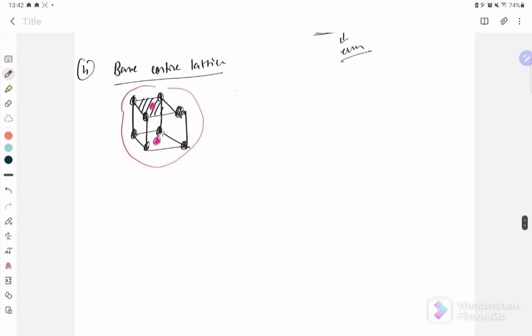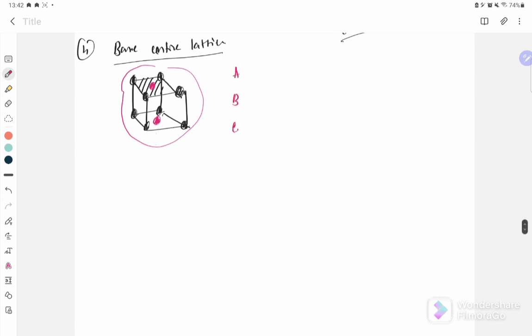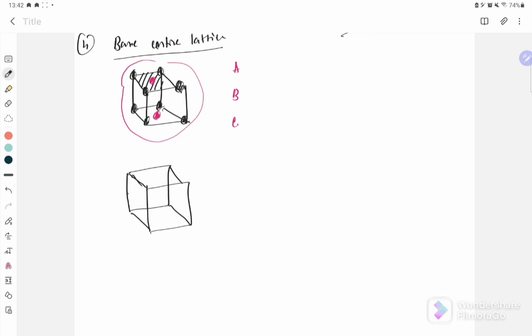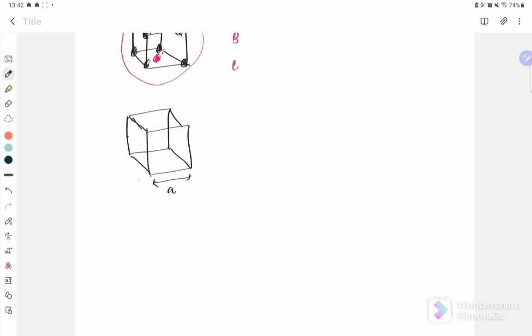So there are three types: A, B and C. If this is our A, this is our B and this is our C: if this surface and the surface opposite to it have the atom, this is called A. If the other pair of opposite surfaces have the atom, that is called B. And C is the z direction.